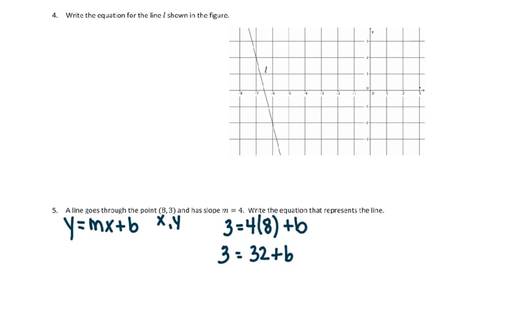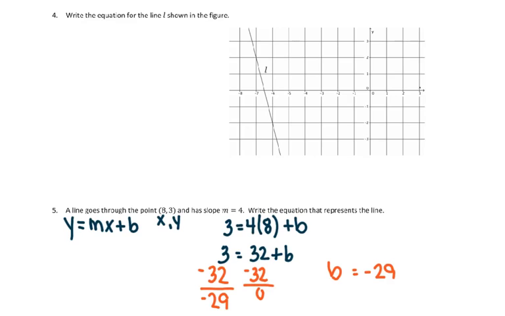Now, since this 32 is positive, it's being added on the right side of my equation, I'm going to subtract it from the right side, meaning I'm also going to subtract it from the left side. So 3 minus 32 is negative 29. So that means that my y-intercept, my b, is equal to negative 29.